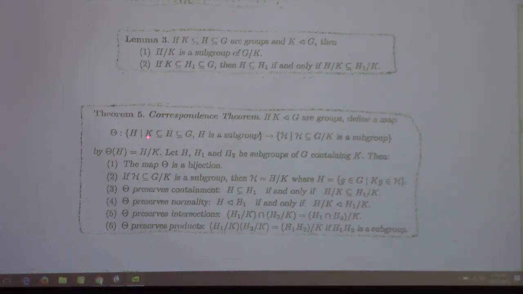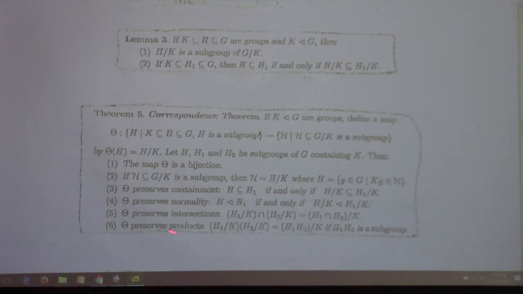If H is a subgroup that's a supergroup of K, but a subgroup of G, there's some interplay between these supergroups of a normal subgroup and the corresponding quotients, subgroups of the coset space, the factor group of K. This is what the correspondence theorem says.